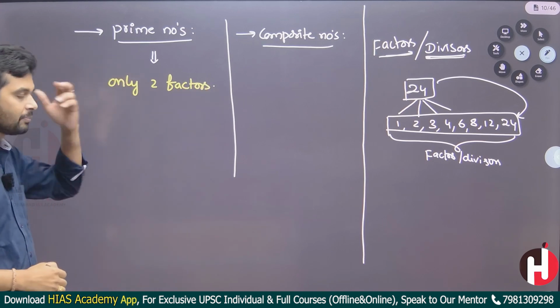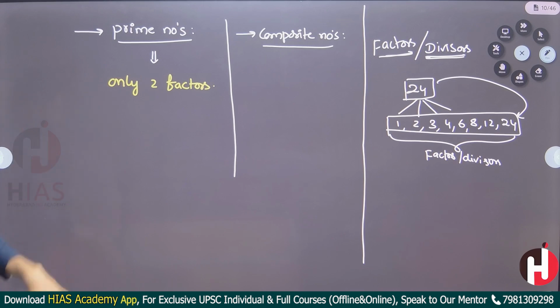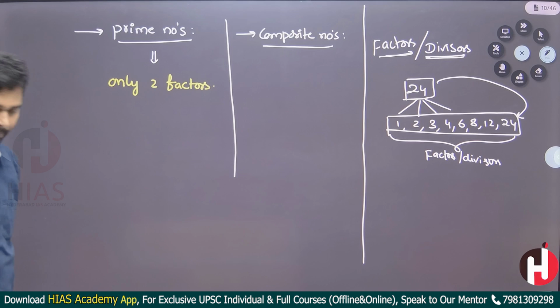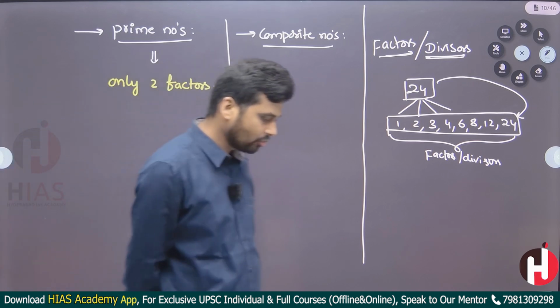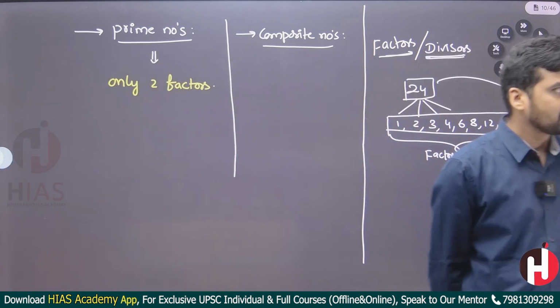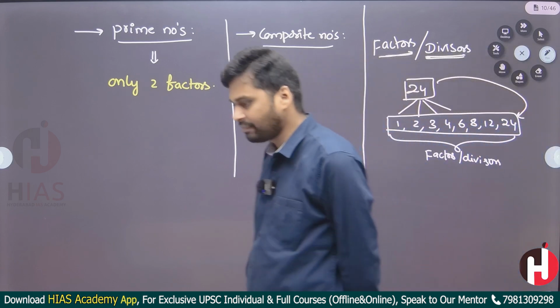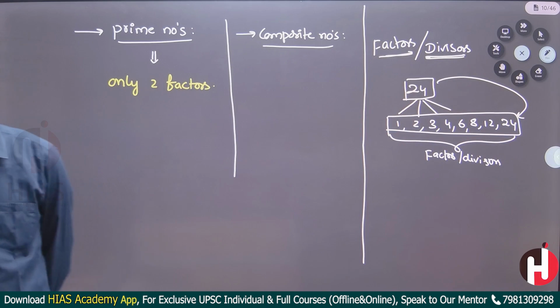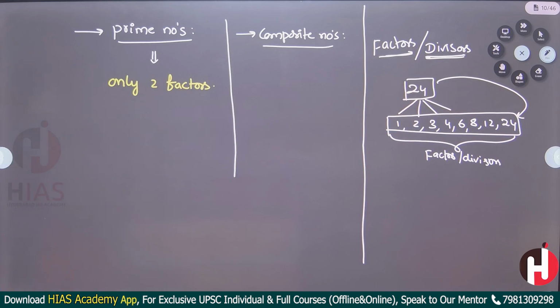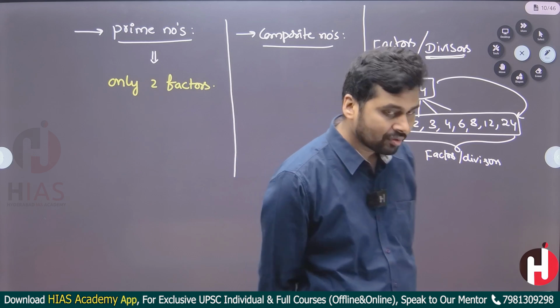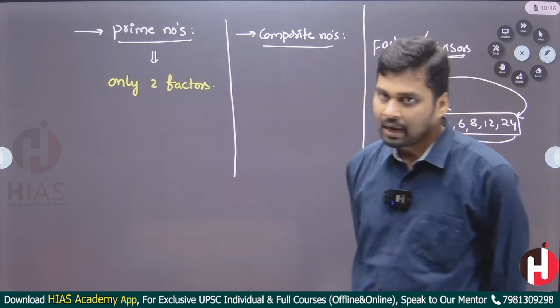First you write the definition: any number which has only two factors, that is 1 and the number itself, is called a prime number.